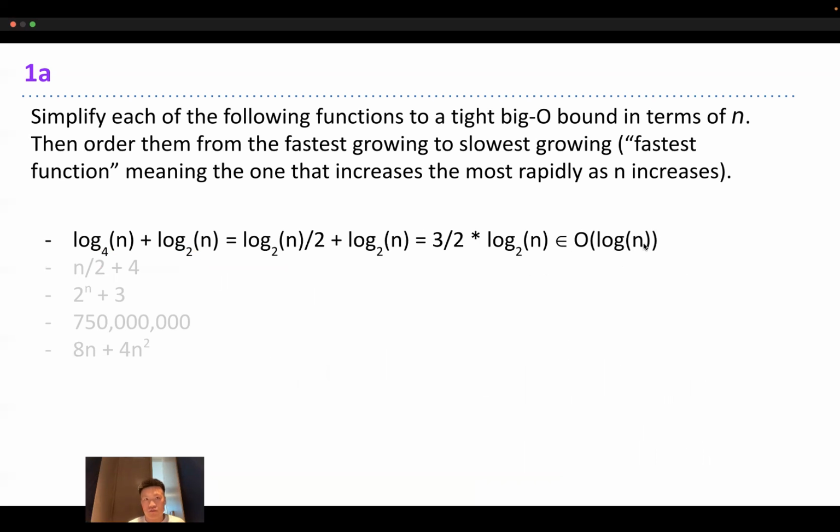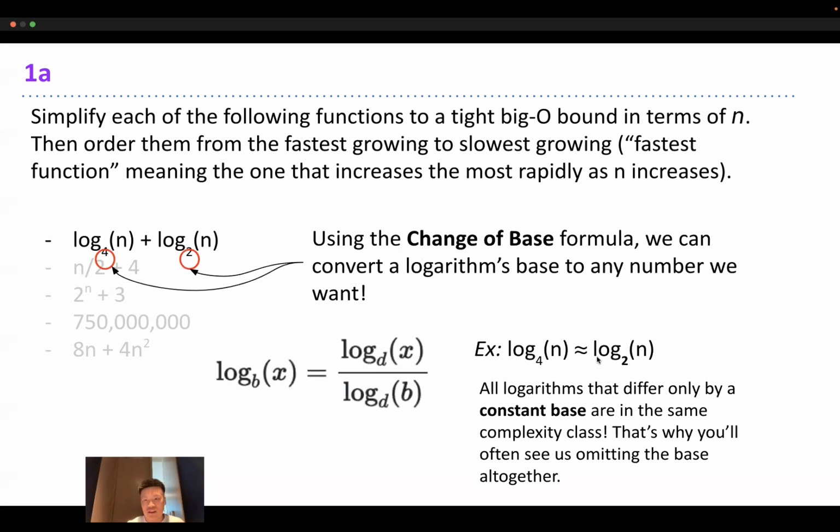What the change of base formula basically argues for and allows us to assume is that no matter what the base is, it doesn't really matter because we can convert any log into any base. And as you can see, as we went through the math, we just ended up dropping all the constants along the way.